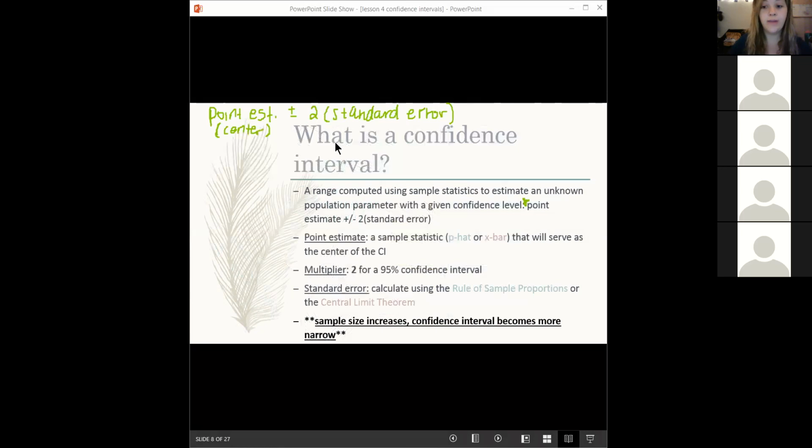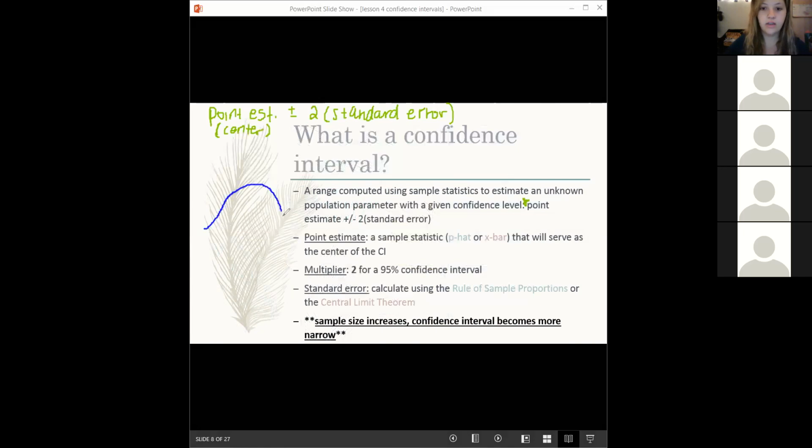And then this 2 comes from the empirical rule. Remember we had this situation here: if we have our mean being 0, and then this is 2 standard deviations, then this is 95% of our data, if you recall from the empirical rule.